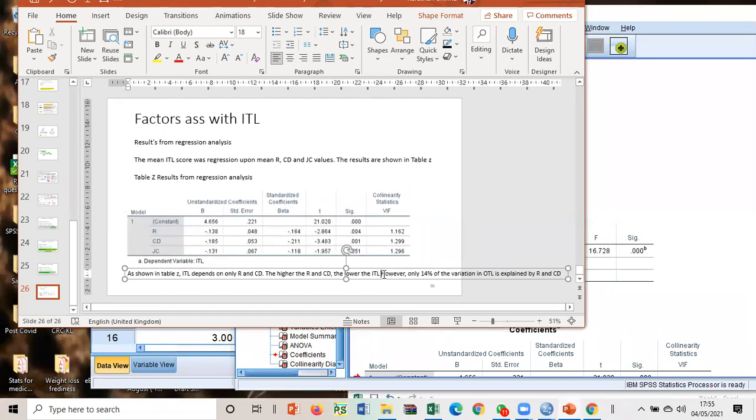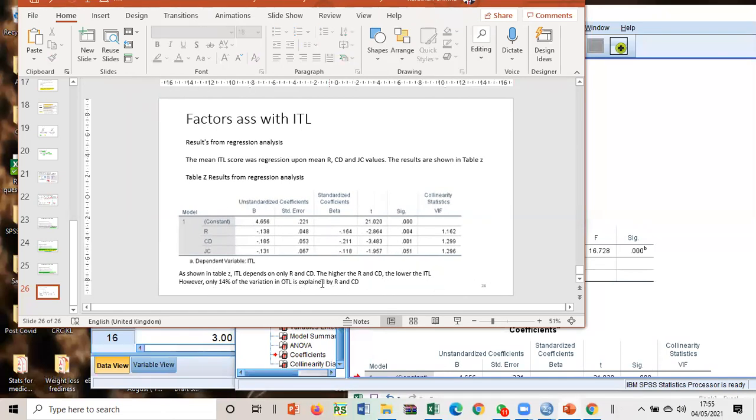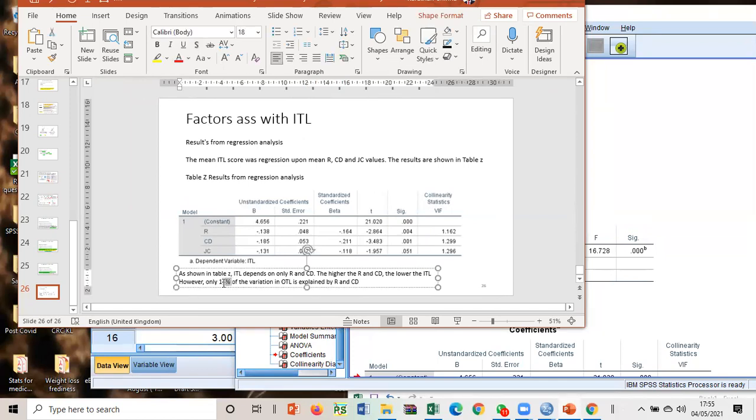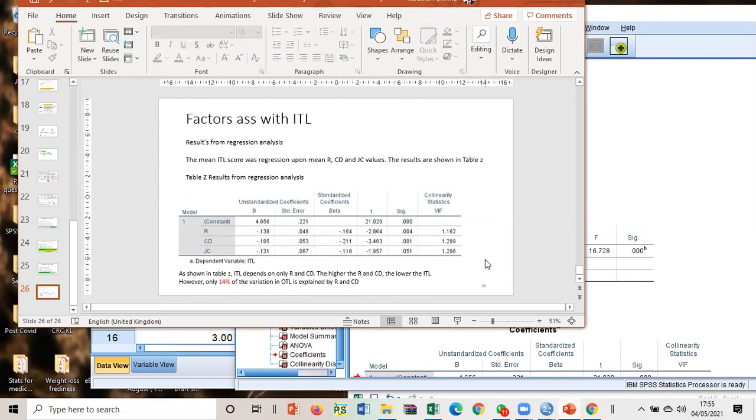What does it mean, the last part? Only 14% explained. The other percentage depends on other factors.